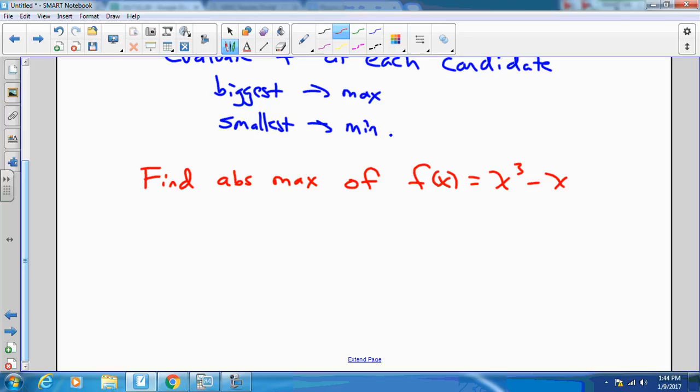Find the absolute max of f of x equals x cubed minus 3x on the interval -1 to 2. Let's make it 3x for convenience sake.